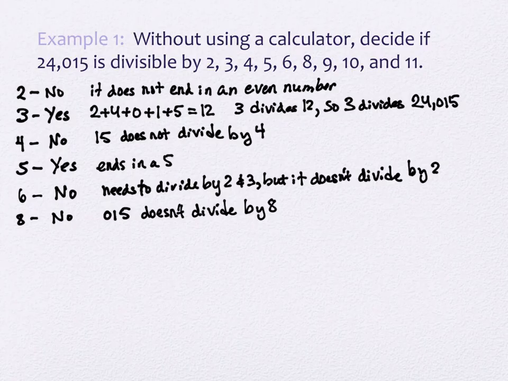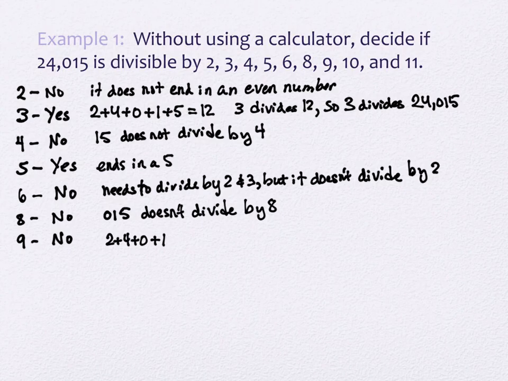It doesn't work. How about 9? It's a no. It's a harder one to just look at and see. How do we decide if it's divisible by 9? The sum of all the digits is not divisible by 9. We did the same as for the number 3, the sum of the digits.